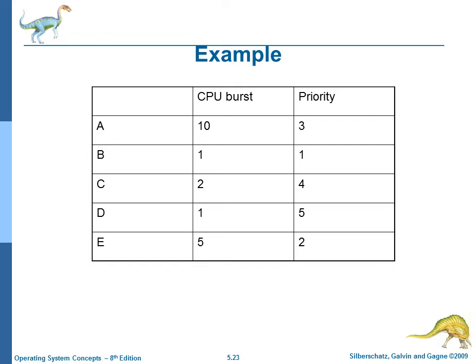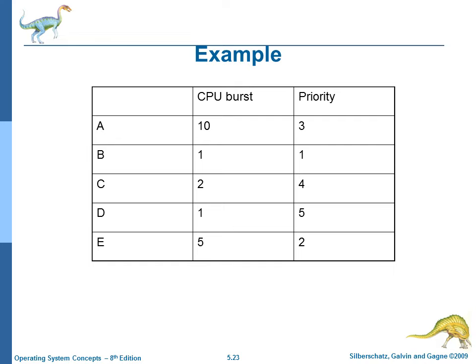From the example, we see that process D is suffering from starvation, because it needs a long burst time, but it should wait for the highest priority processes to finish working before having its time to do its work.